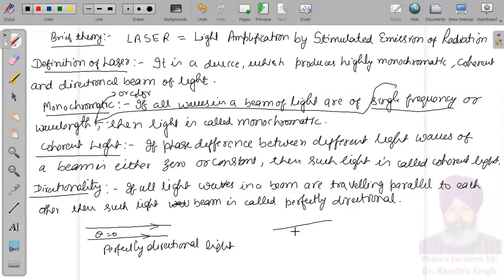This is partially directional. And this is non-directional light.